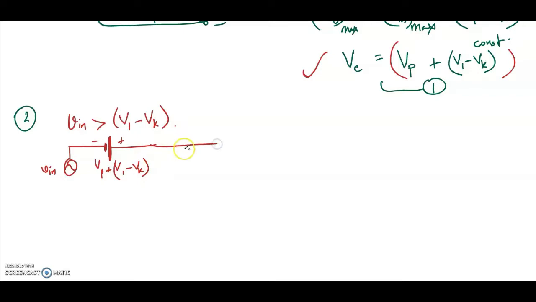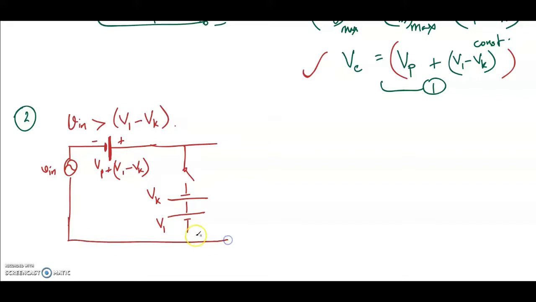And then of course you have the diode equivalent circuit and the bias voltage V1, Vk and V1. This is Vout, plus minus Vout.